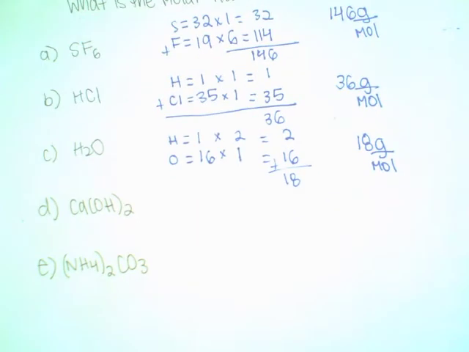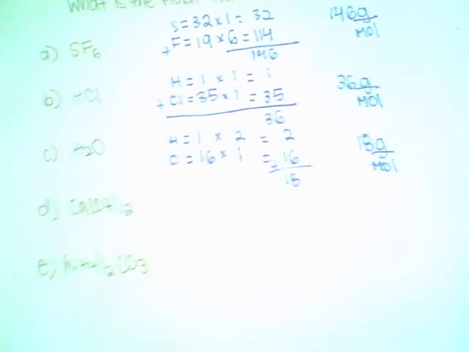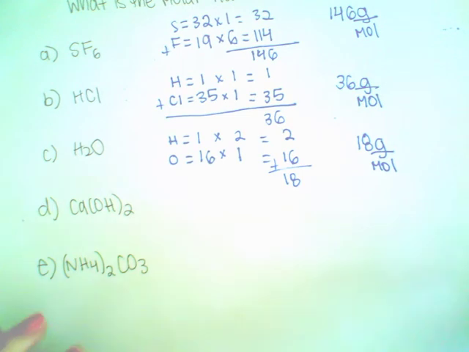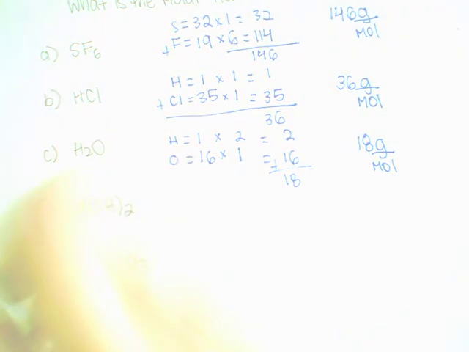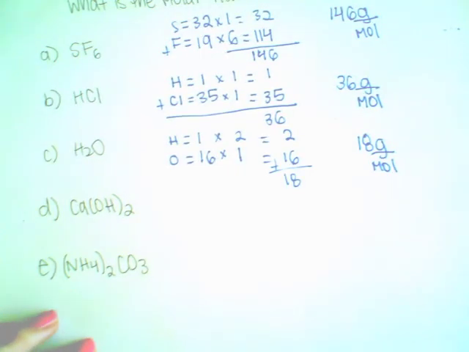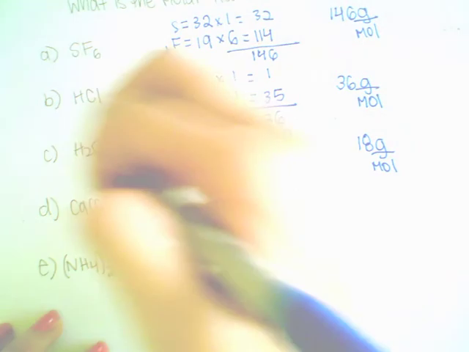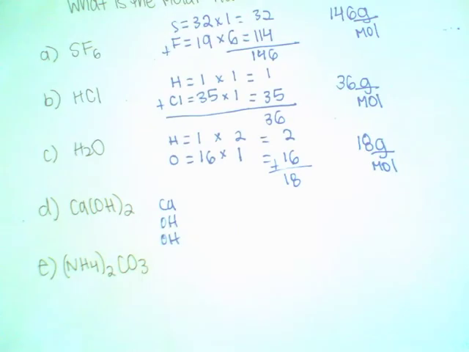Sometimes we have parentheses. As we progress throughout the year, you will learn about ionic compounds and why we need parentheses on some of them. So I just want to point out we have 1 calcium and we have 2 hydroxide molecules. So you have calcium, you have OH, and you have OH.